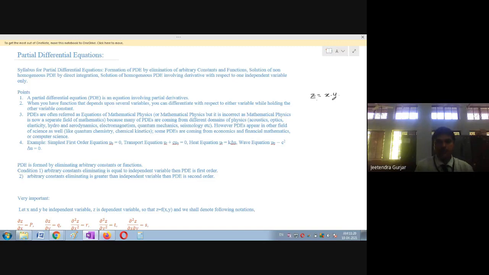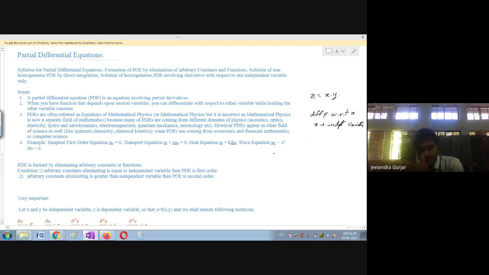So now you can see I am going to differentiate this partially with respect to x. So immediately you should remember x will become, in short I will write, independent variable. Is it clear?